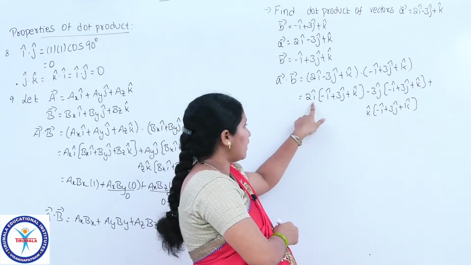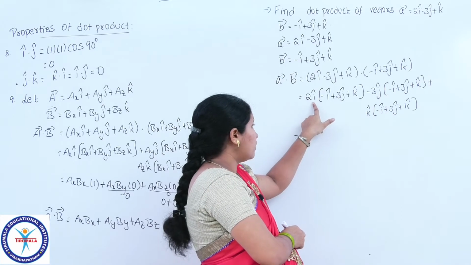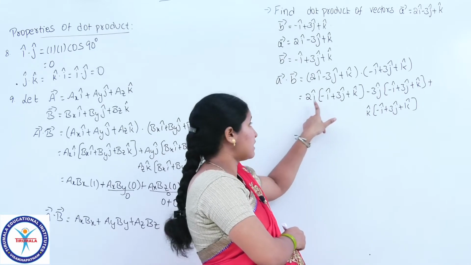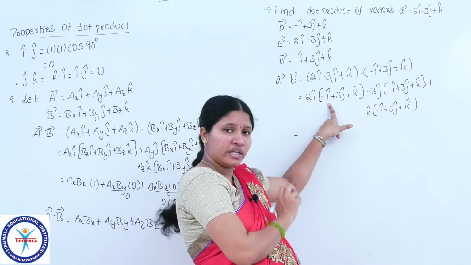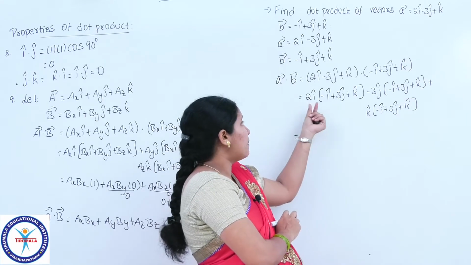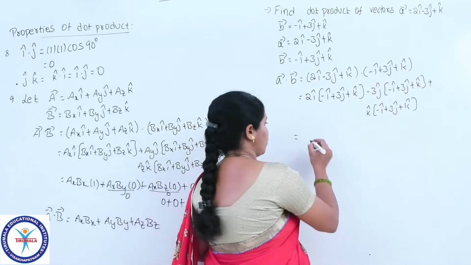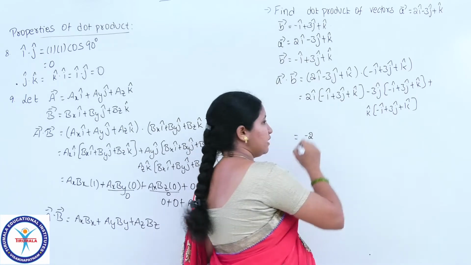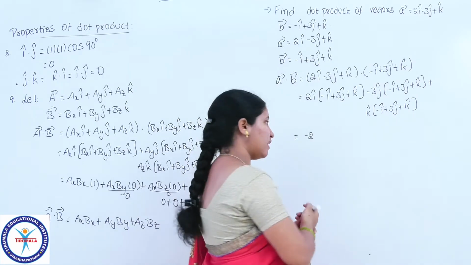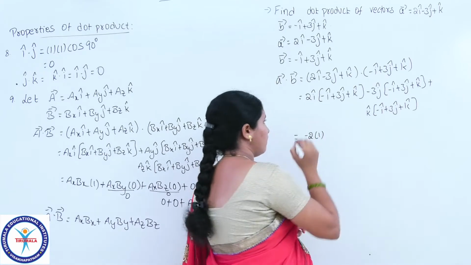Here we are multiplying the same unit vectors, that is i dot i. i dot i is 1, hence multiply the coefficients, that is 2 into minus 1, minus 2, and i dot i is 1, so minus 2 into 1.